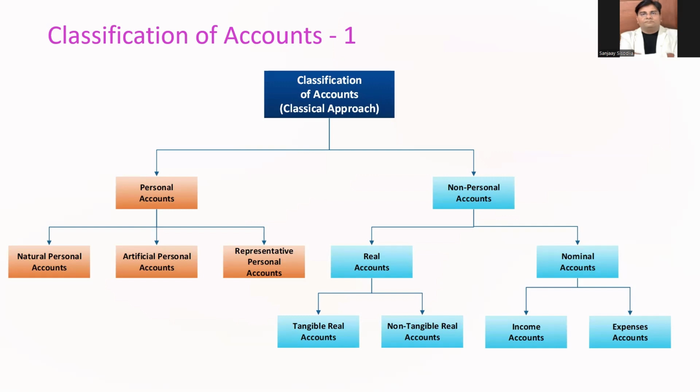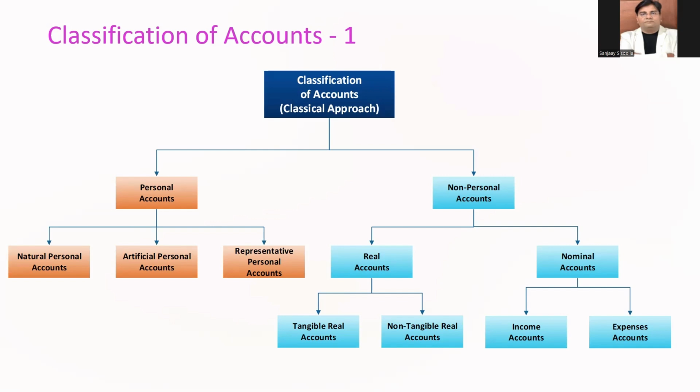These are those accounts which are related to a natural person, that means a person who has a physical existence, like account for Ram, account for Sham, account for John, account for David, account for Rahim, so on and so forth.